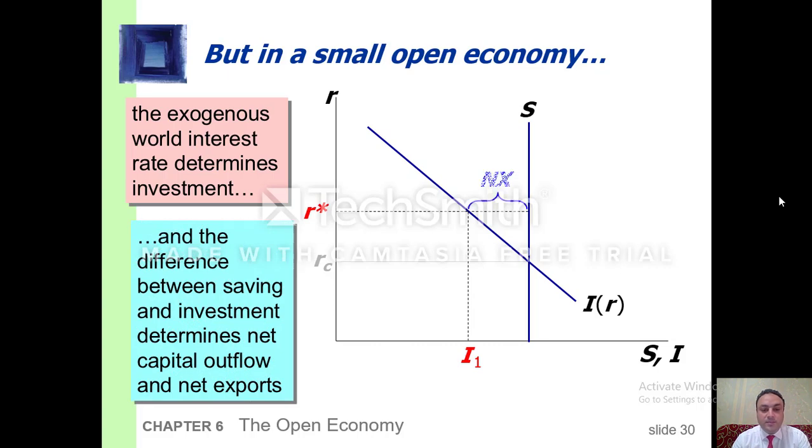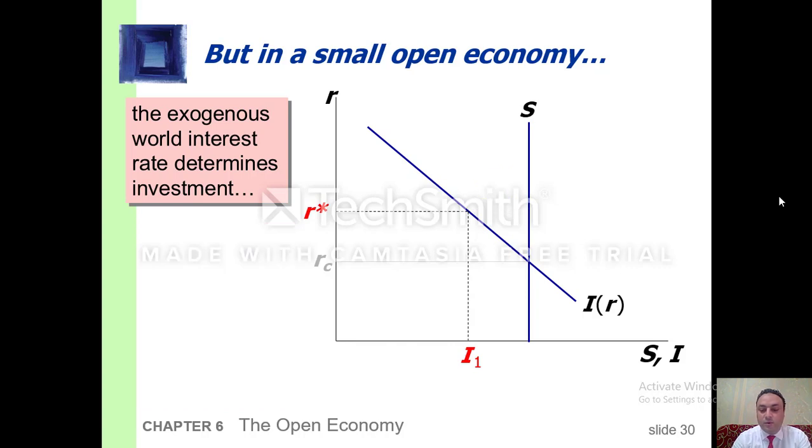Here we can see the investment is determined by R star, the world interest rate, not like the closed economy, where it was at the intersection between the two curves. In this case, it moved to the left according to the world interest rate.